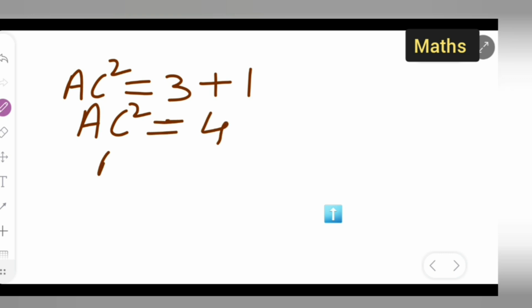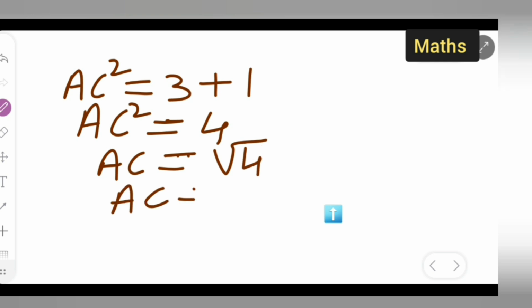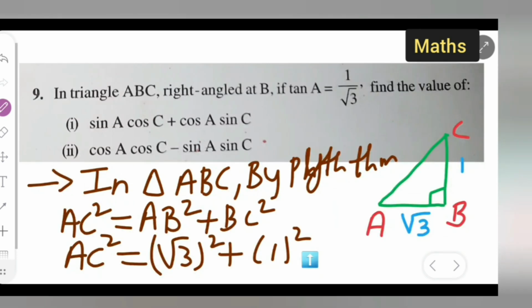And if I take the root, AC is equal to root 4, which is nothing but 2. Next, let us find out sin A cos C. Here we got AC as 2. Now we need to find sin A cos C plus cos A sin C.